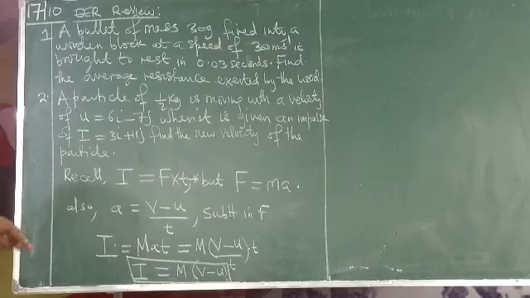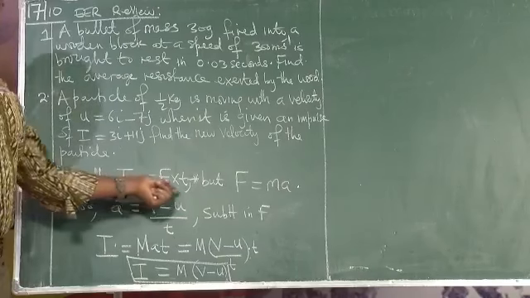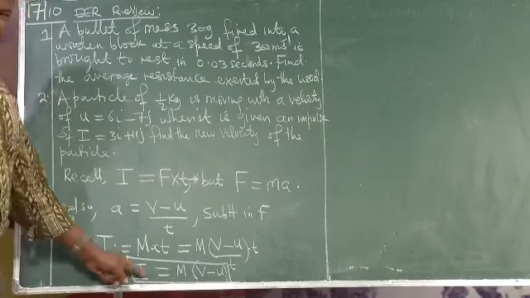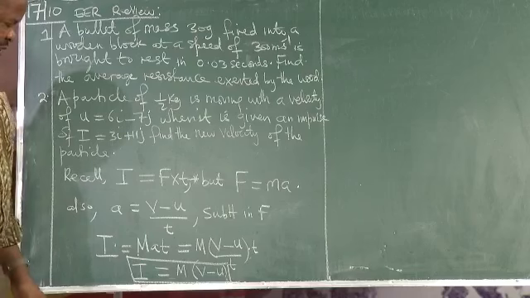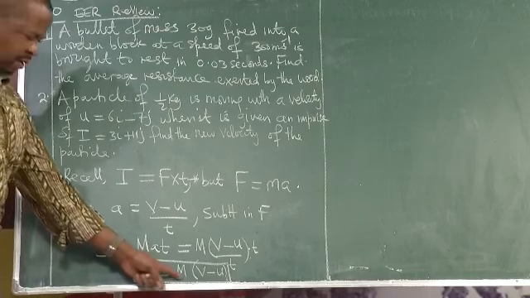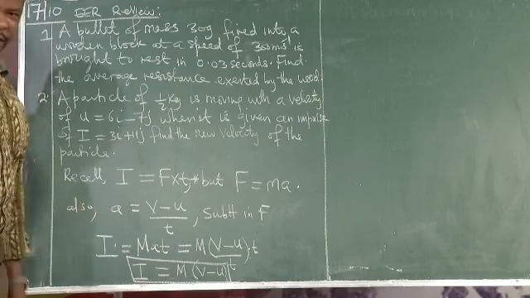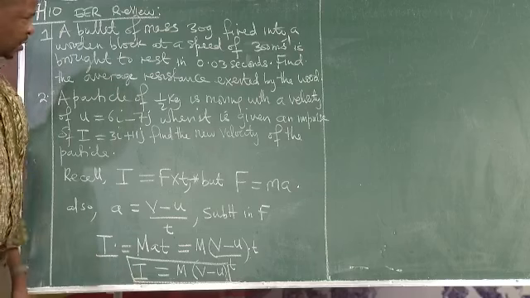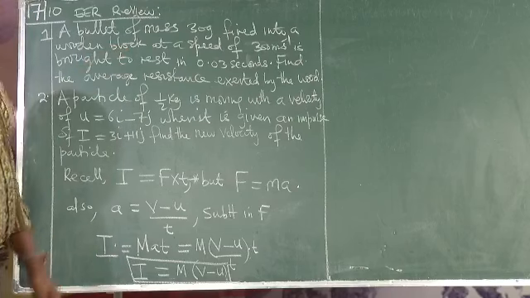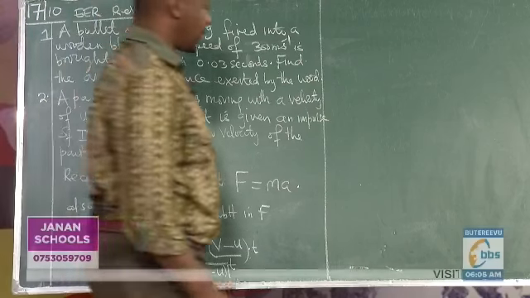So apart from impulse being the product of force and time, impulse can actually be the change in momentum, where m is the mass, v is the final velocity, and u is the initial velocity.